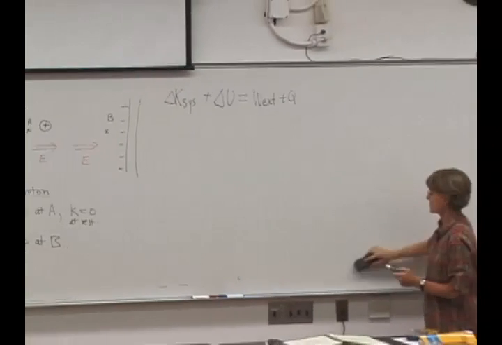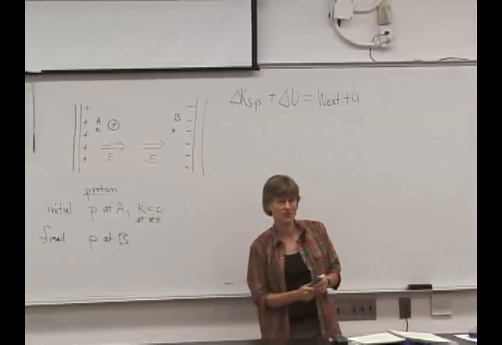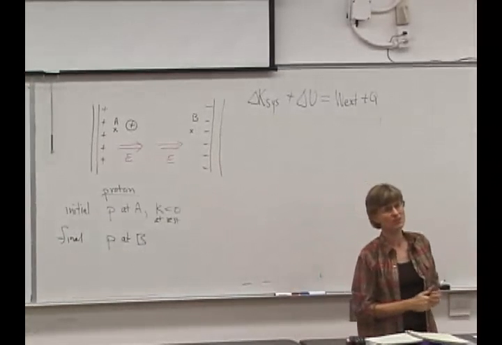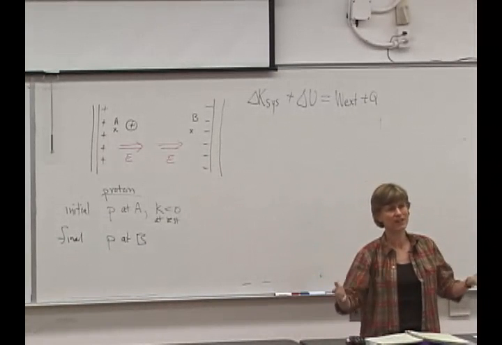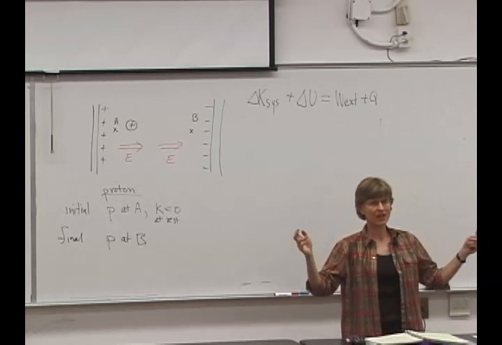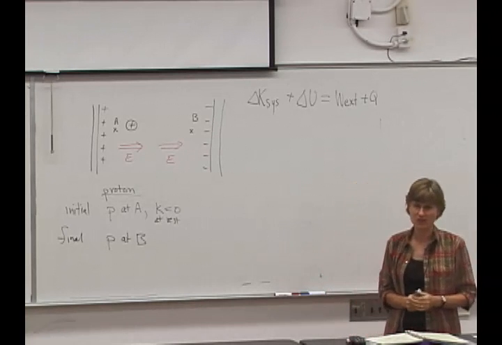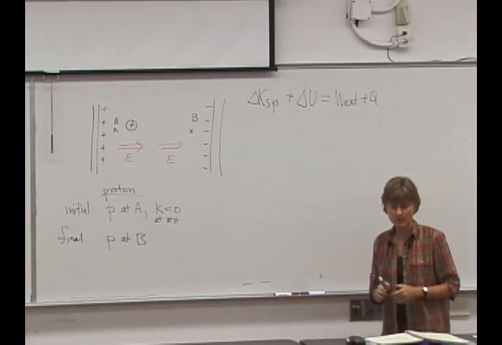So our system is going to include the proton and the charged plates and the field inside. And usually when we talk about potential energy, we'll be talking about systems like this, where it includes some particle or particles and the particles that make a field that's affecting them. So that's what we're going to end up doing here.